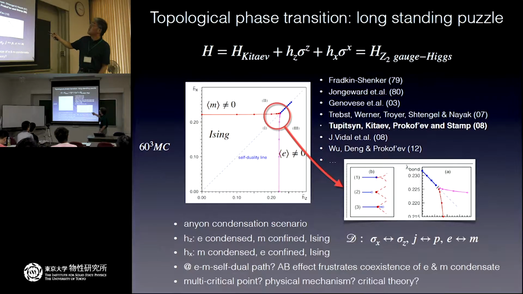And when you introduce two different magnetic fields, you only have two parameters, which correspond to the horizontal line and the vertical line in this phase diagram. So there's no alternative way to get around this first order transition.